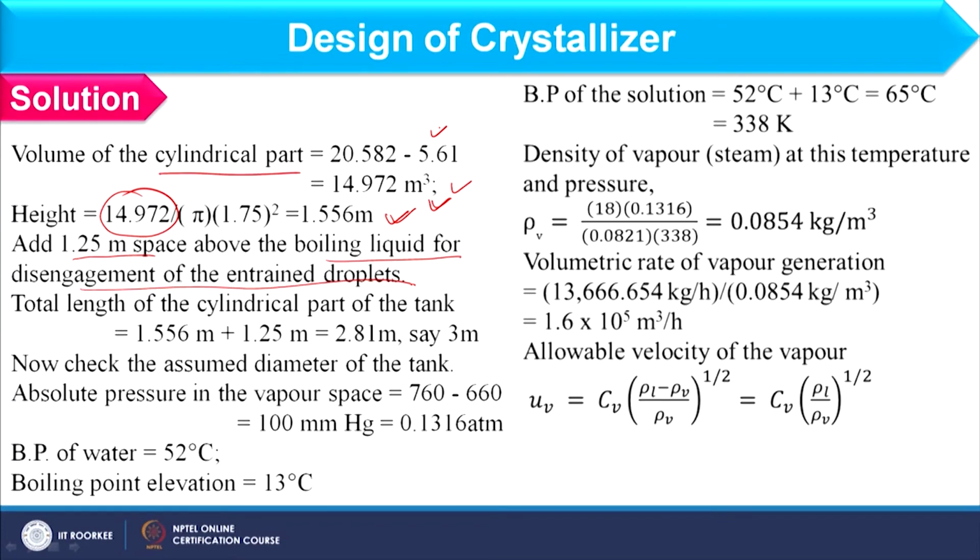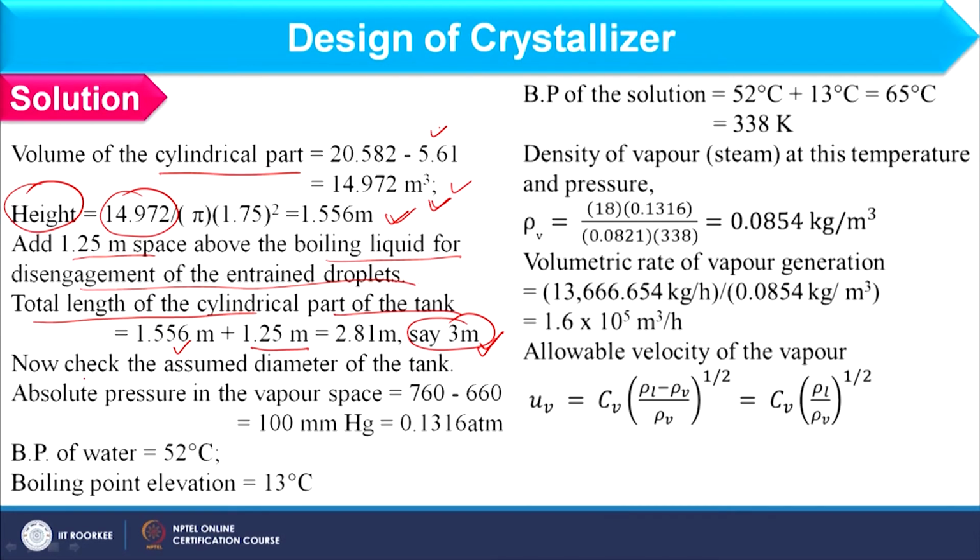So, that is basically the added height, and so the total length of the cylindrical part of the tank is 1.556, which is the height of the shell, plus 1.25, which is the additional height. So, total 2.81 meter we can consider as height of the cylinder, which is equivalent to 3 meters. So, we can consider 3 meter as height of the cylindrical part of the crystallizer, right.